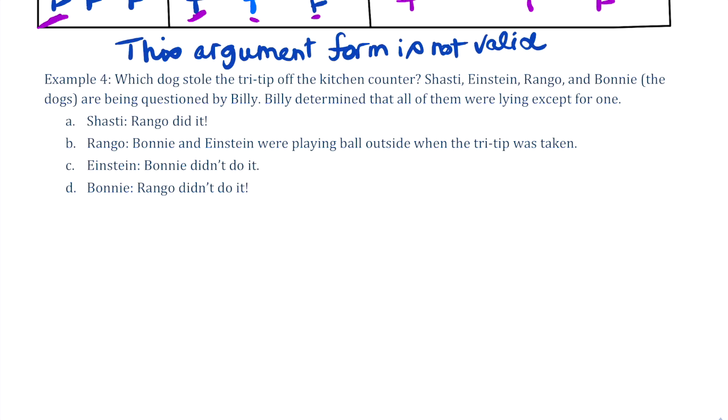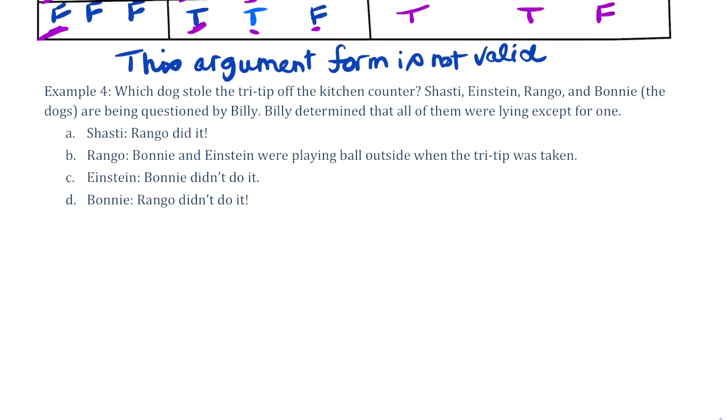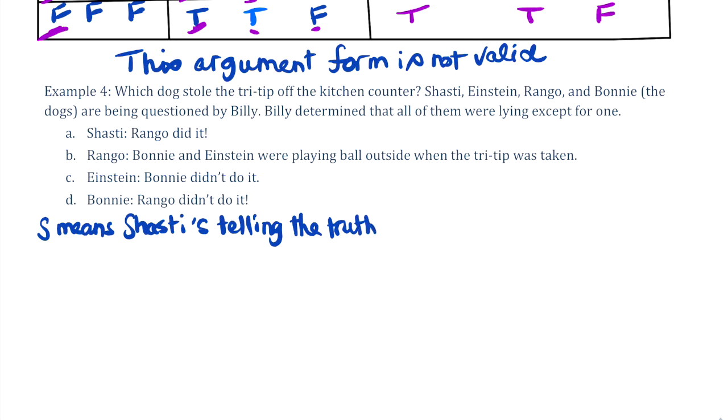If we let each letter of the first name denote that dog is telling the truth, we would have S means Shasti is telling the truth. And then R means Rango is telling the truth.